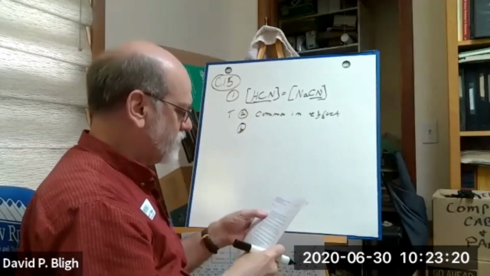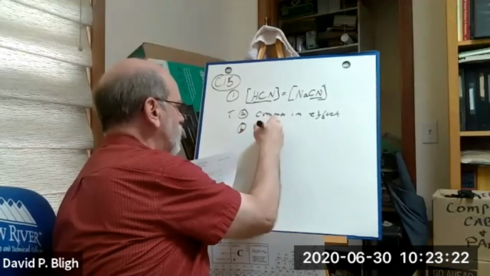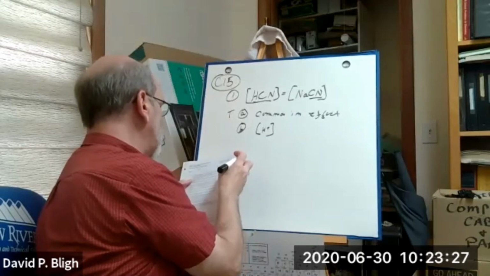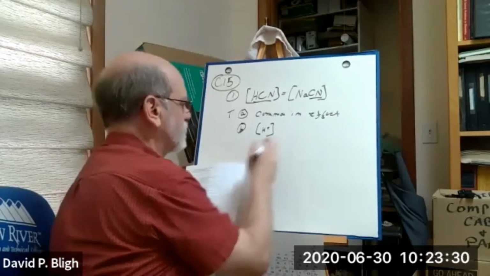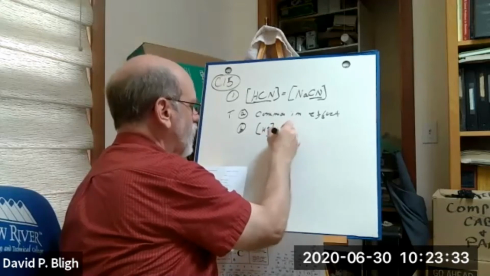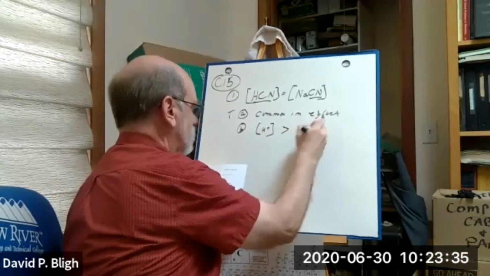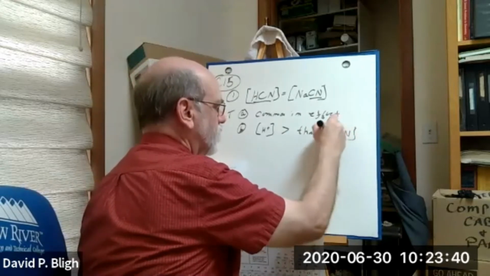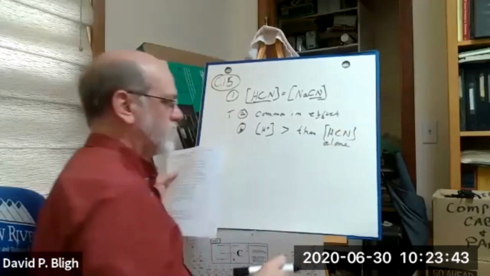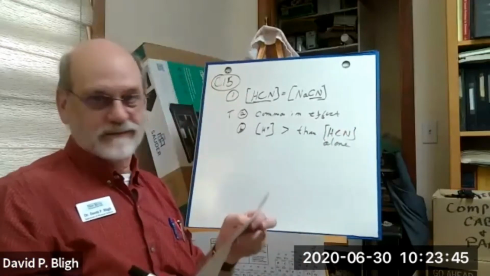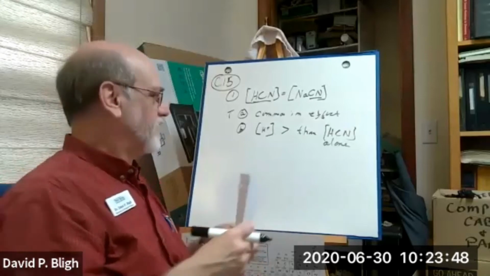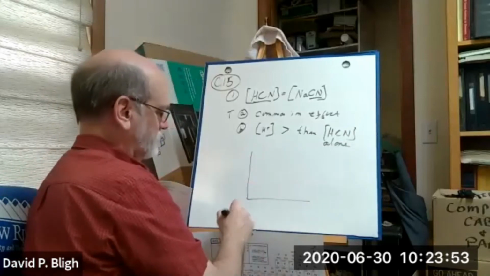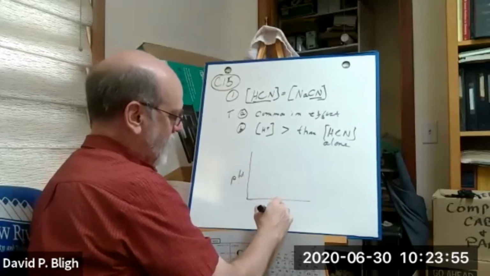The hydrogen ion concentration is larger than it would be if only the HCN was in solution. Is that true? No way. Remember when we did our titration curve, pH versus added base?